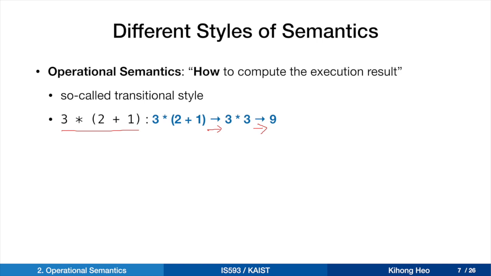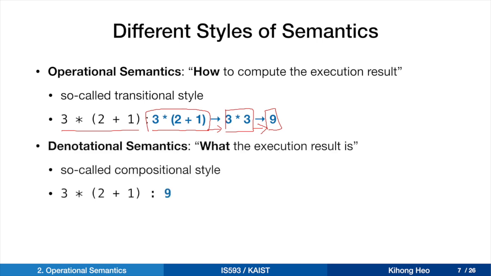For this particular example, the operational semantics is defined as a sequence like this. From the original expression, the machine operation leads to the intermediate expression 3 times 3, and then finally the machine state reaches the final expression, which is 9, and then the machine halts. This is the description using operational semantics.